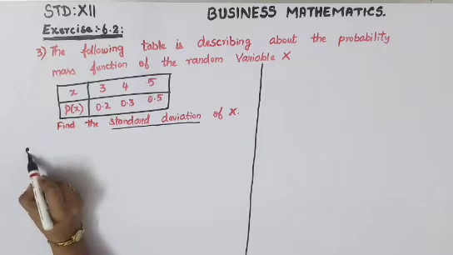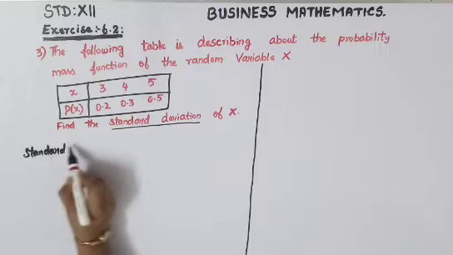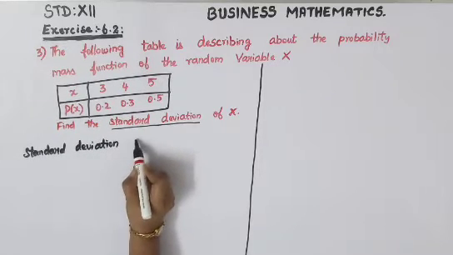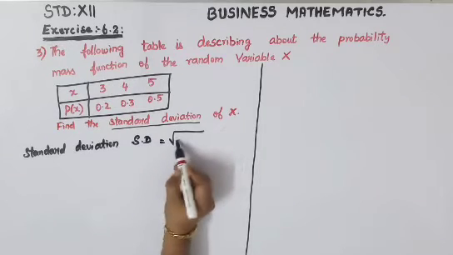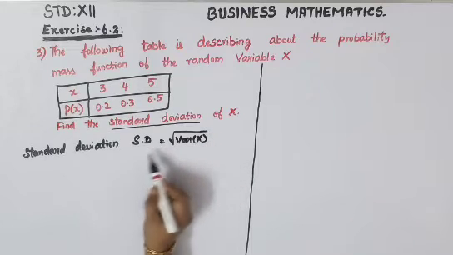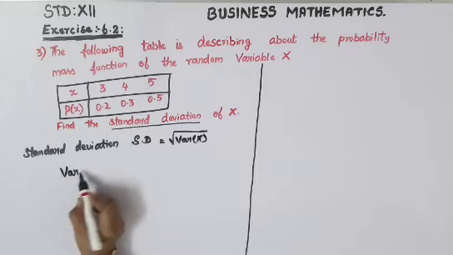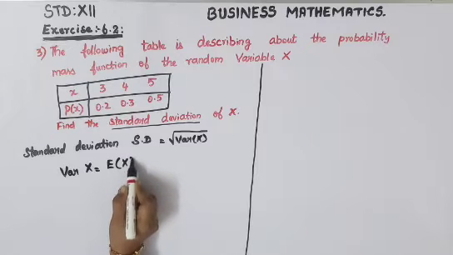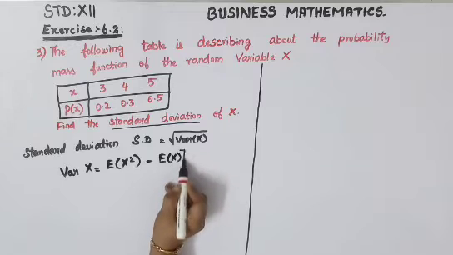So your formula for standard deviation, you can declare as SD, is the root of variance of capital X. Now your variance formula is variance of x is equal to E of x square minus E of x the whole square.